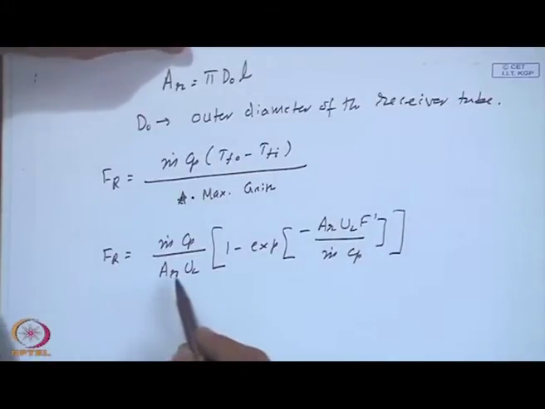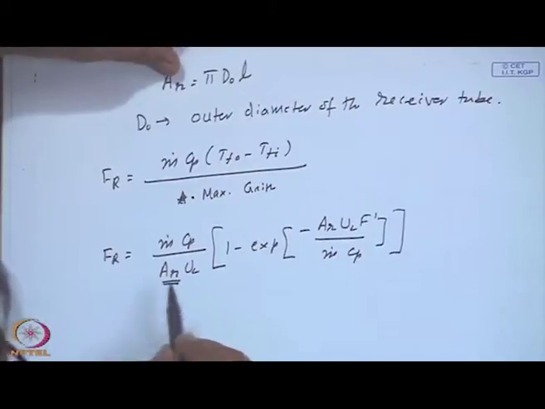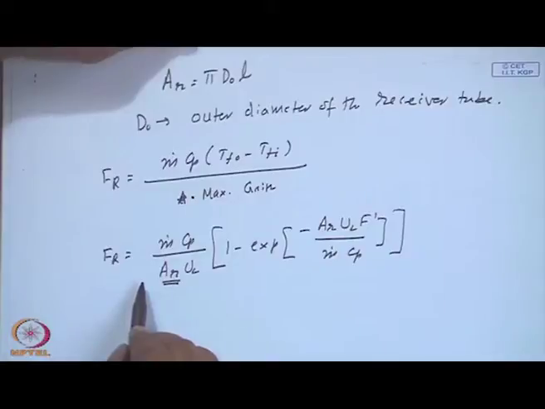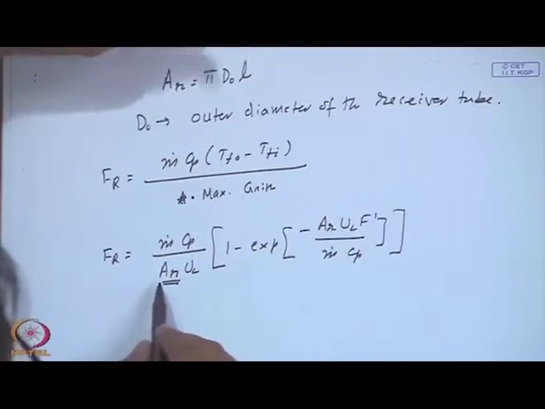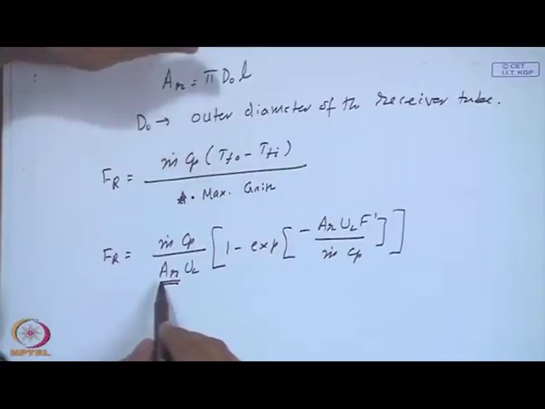So, the whole idea of a little bit of this repetition is to say that the area of the receiver comes into the picture, whereas in the case of flat plate collector, we do not distinguish between the receiver area and the absorber area, which is exactly the same, and we call AC the collector area.